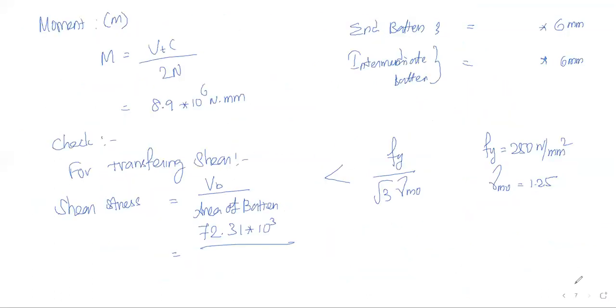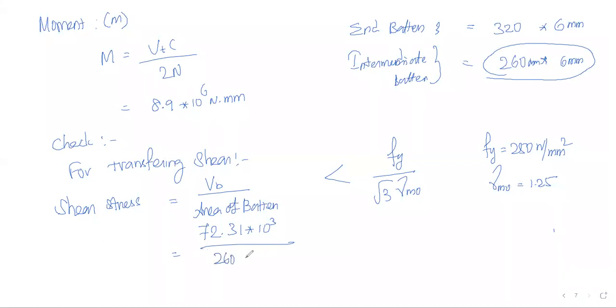So which one is least? 320 mm and 260 mm. Among them, the intermediate batten size is less, so we have to choose that. If the intermediate batten is safe to transfer, then automatically the end batten will also transfer the load safely.